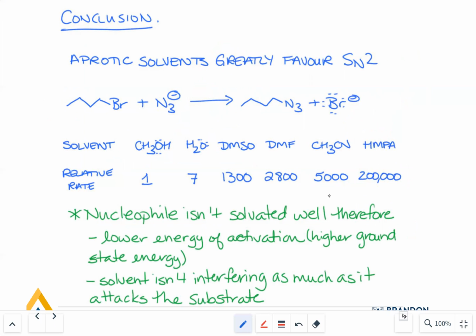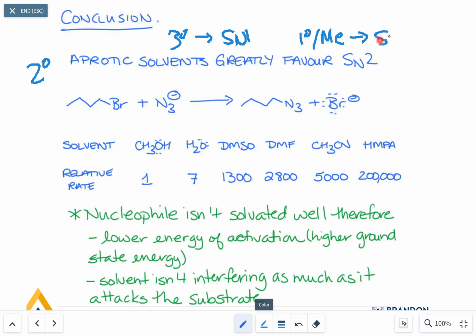Right, so the question which was just asked privately was that these factors are important for secondary alkyl halides, because with tertiary, you can only do SN1, and with primary and methyl, you can only do SN2.